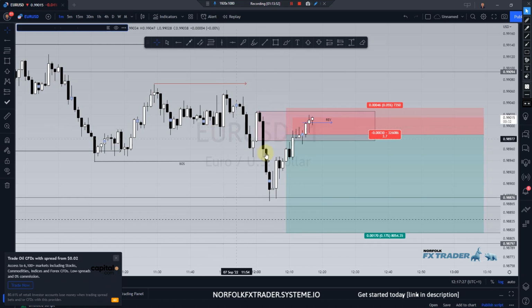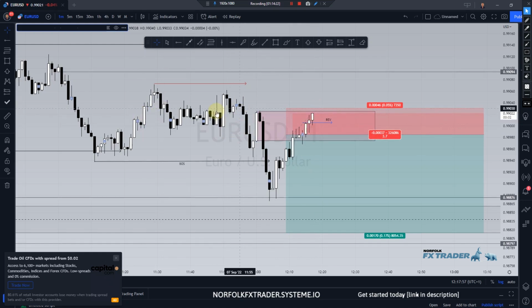As you can see, price went up. We left this small imbalance, continued to close higher. We filled that imbalance, and then we closed up. We pulled back to fill this area of imbalance, and now we're holding here. Now if price can close back down, we may continue to fall because we're still inside supply. But if we close above this area, we could take the high, and as you can see, price is now continuing up.